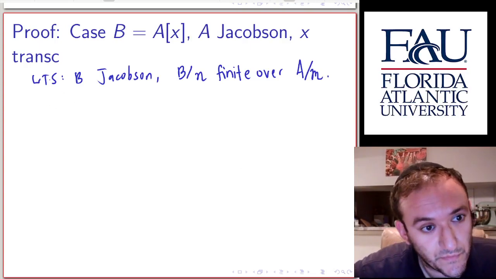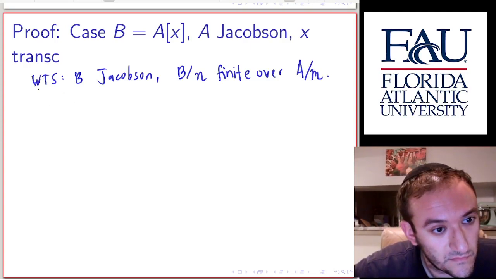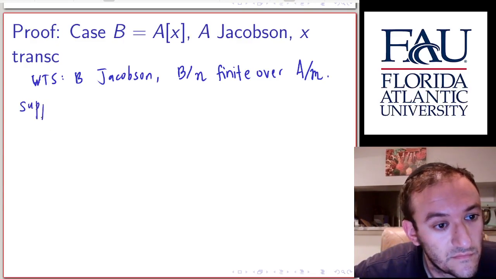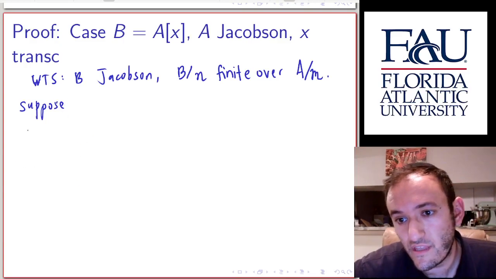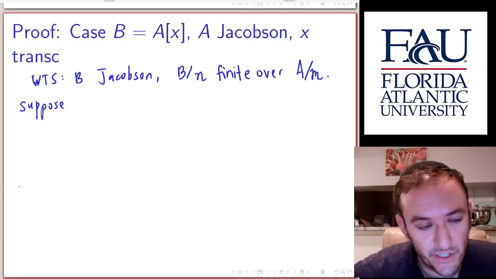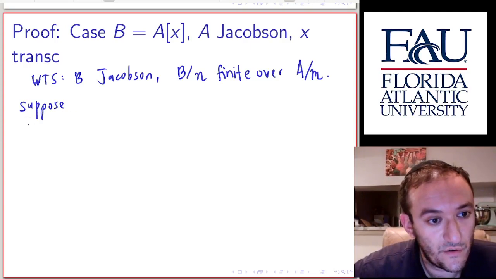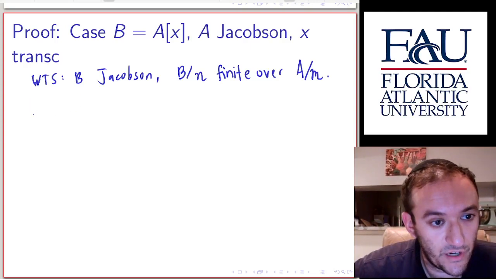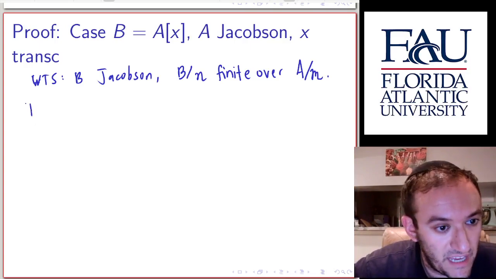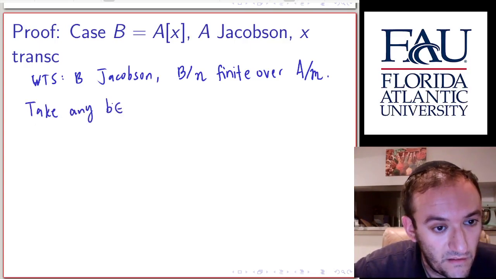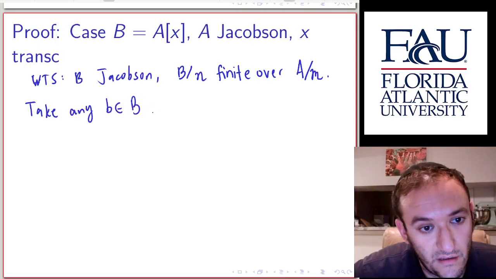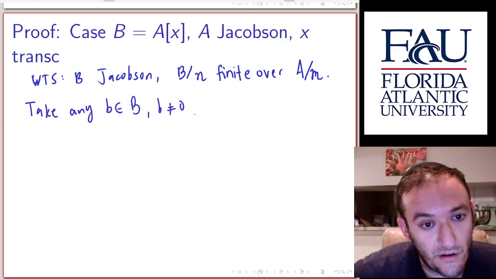So we're going to use the lemma formulation of the Jacobson property. So we're going to show that B will have this property. So take any b in B with b not equal to 0.